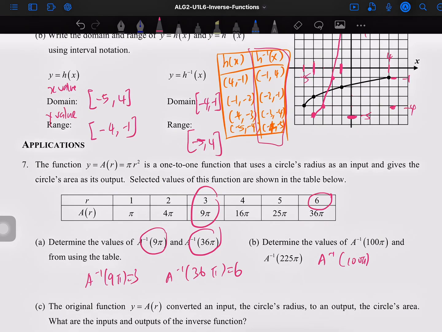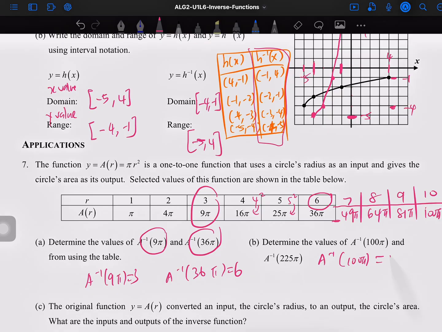You can see that here is an increasing value of pi, so you can estimate 7, 8, 9, 10. 7 times 7 is 49, 8 times 8 is 64, 9 squared gives 81 pi, and 10 squared gives 100 pi.